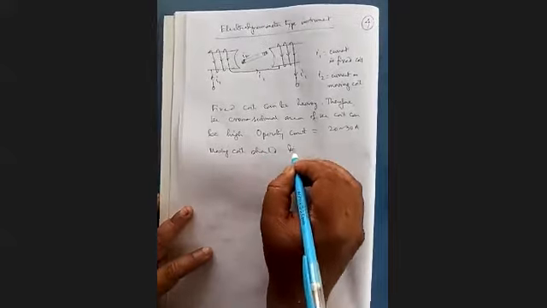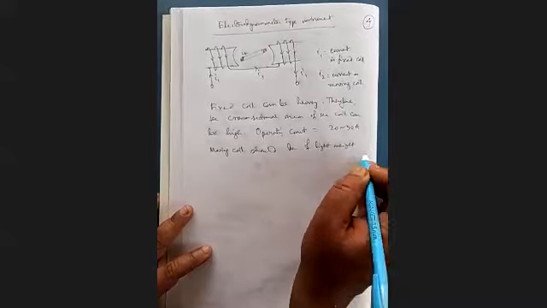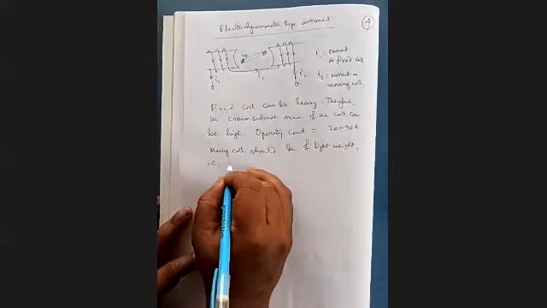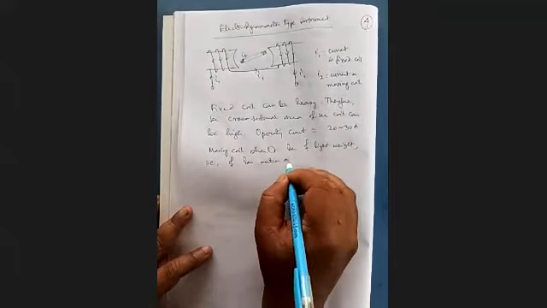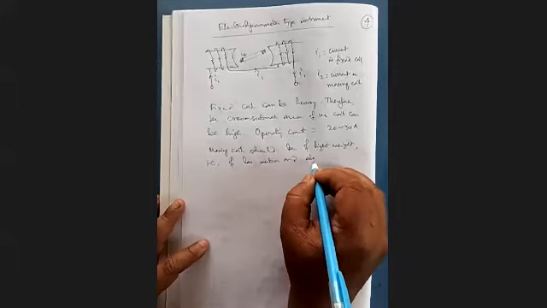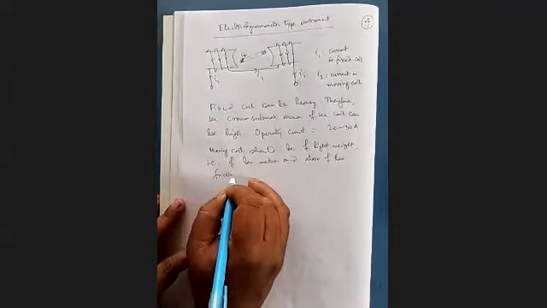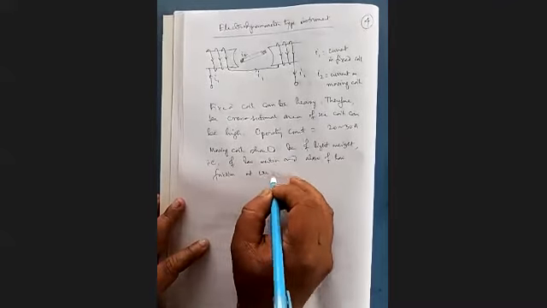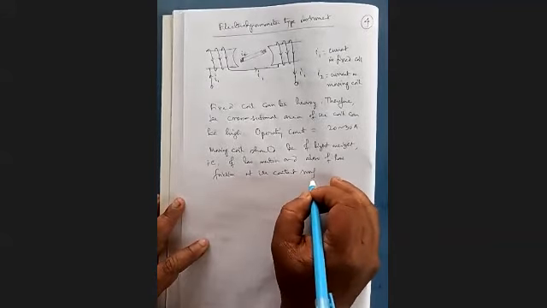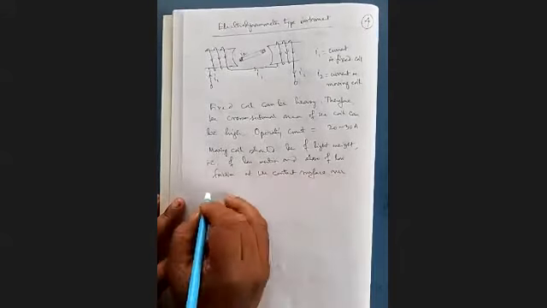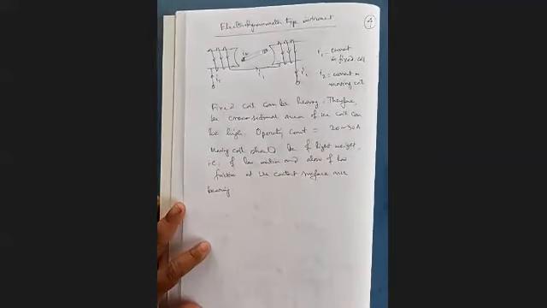The moving coil should be of lightweight, that is, of low inertia, and also of low friction at the contact points, the contact surface over the bearing. So, low inertia.